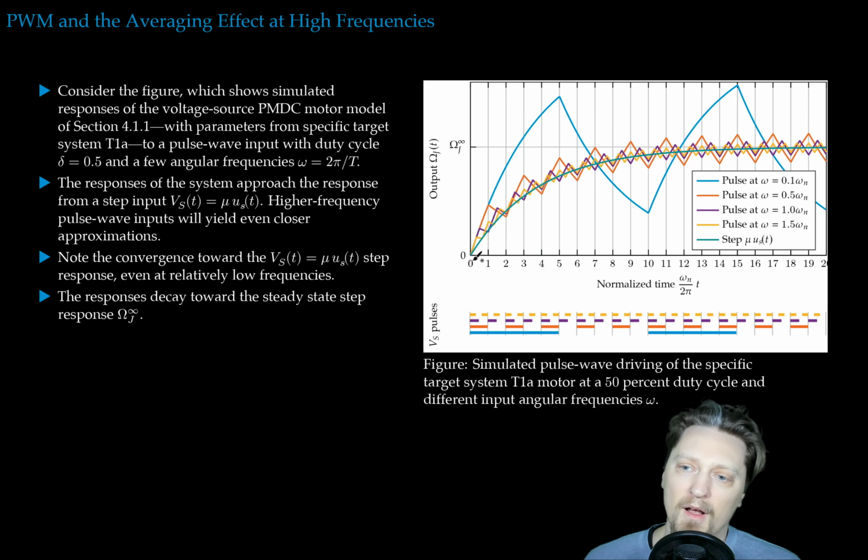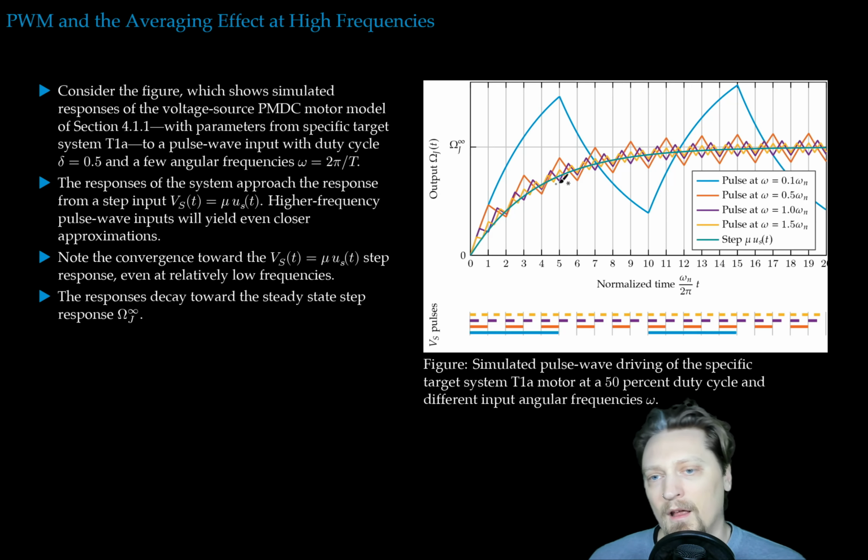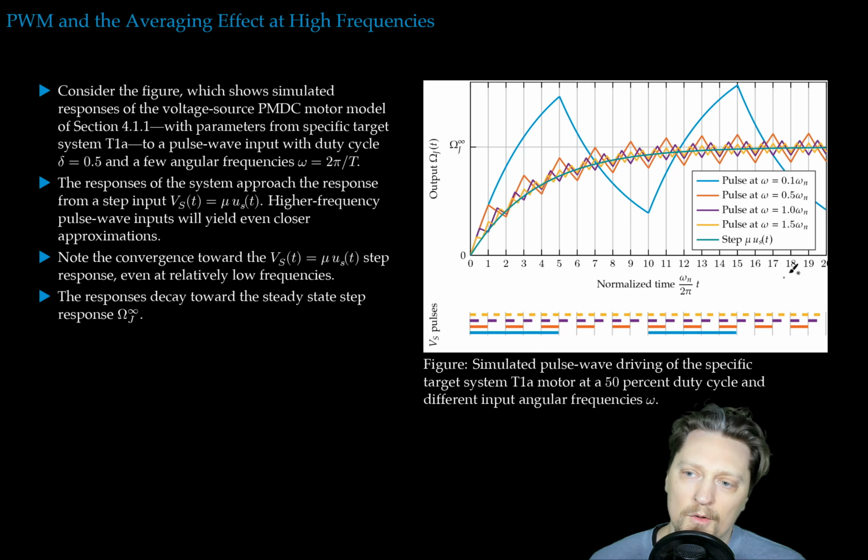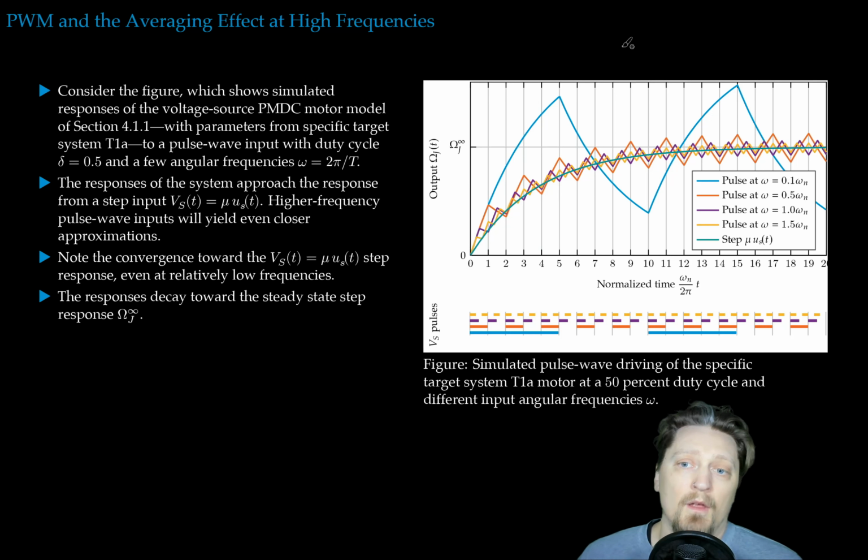Okay, so the step response when we apply mu times the unit step function, we see that the angular velocity of the motor spins up to this steady state value, or close to the steady state value, in 20 units of normalized time. Okay, so that's when we just apply a constant DC value.